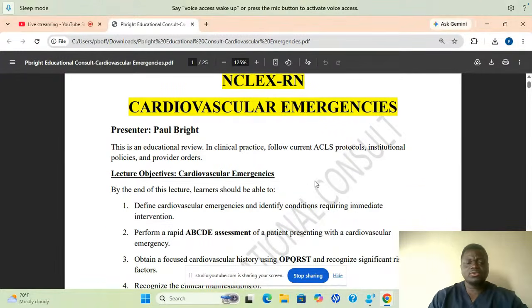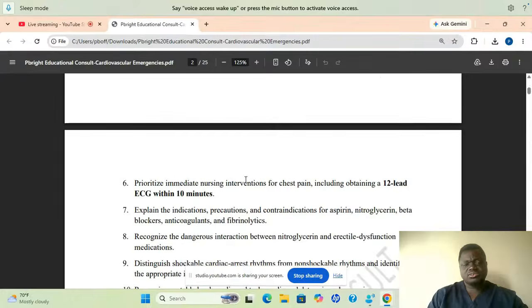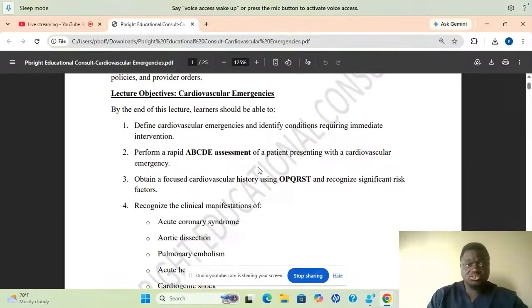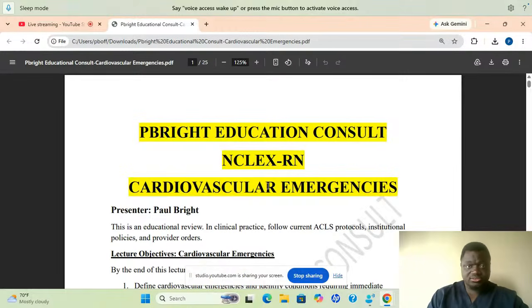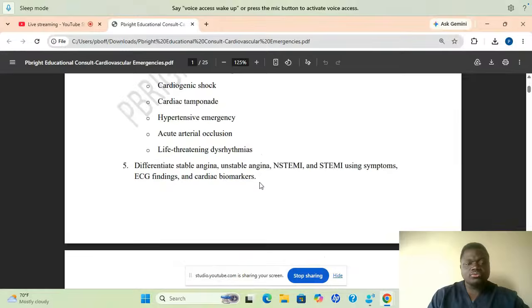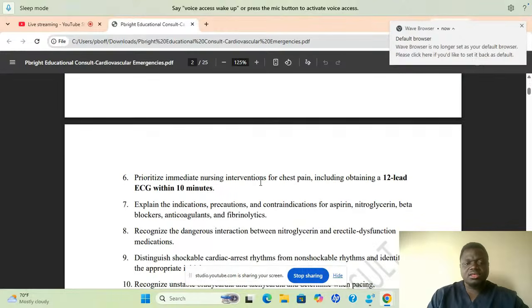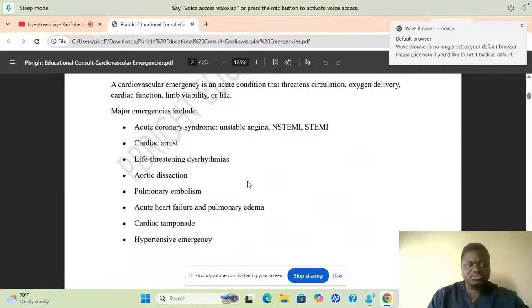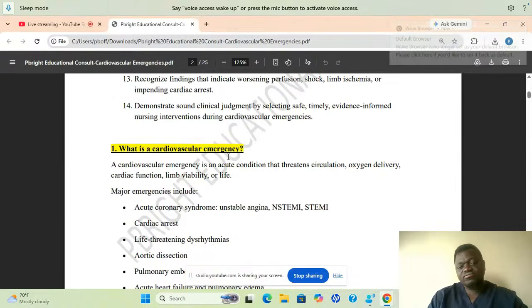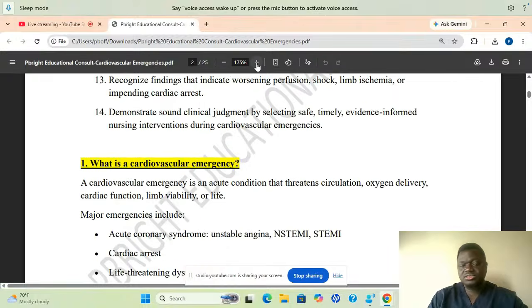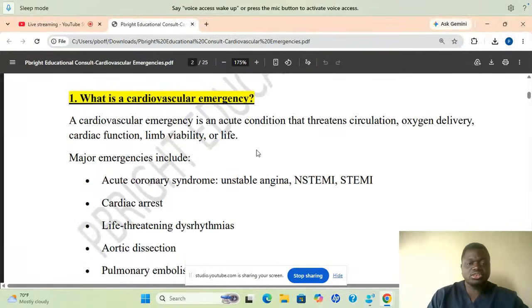Cardiovascular emergency. Okay. So we've done the objectives. I'm starting all over so that when you watch it, because the other video I'll delete it. We know the meaning of cardiovascular emergency: any condition that threatens your circulatory system, threatens oxygen delivery, threatens cardiac function, limb viability, or life.